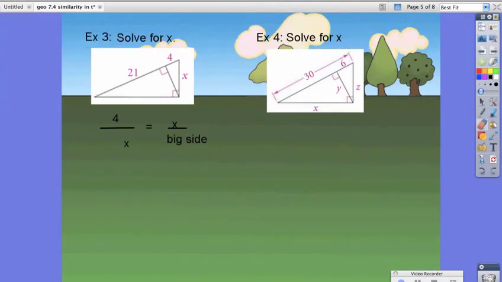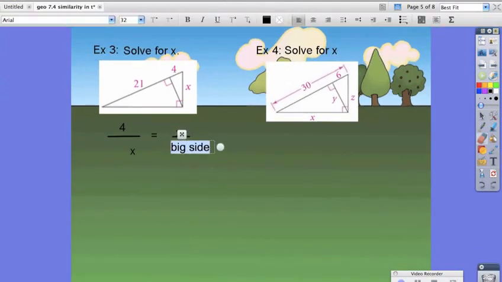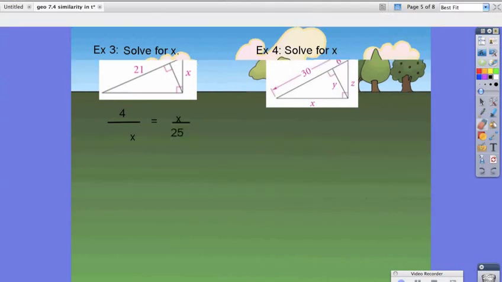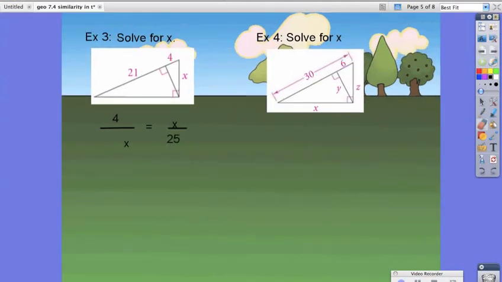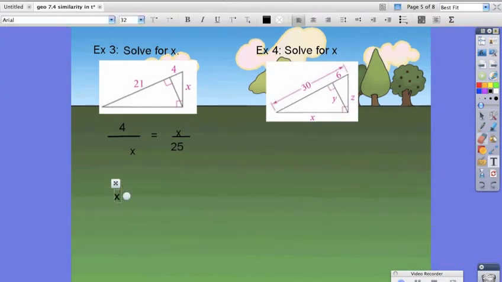And the big side is not 21, but rather 25, which is 21 plus 4. So we take the cross product again, we get x squared equals 100, or 4 times 25, x squared equals 100, and x equals the square root of 100, which is 10.